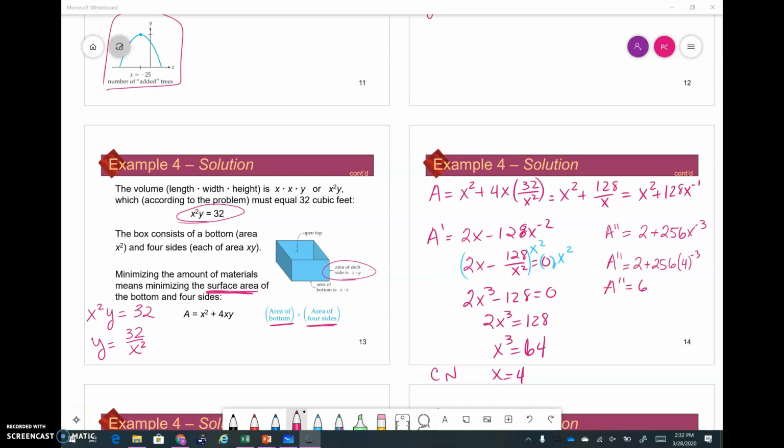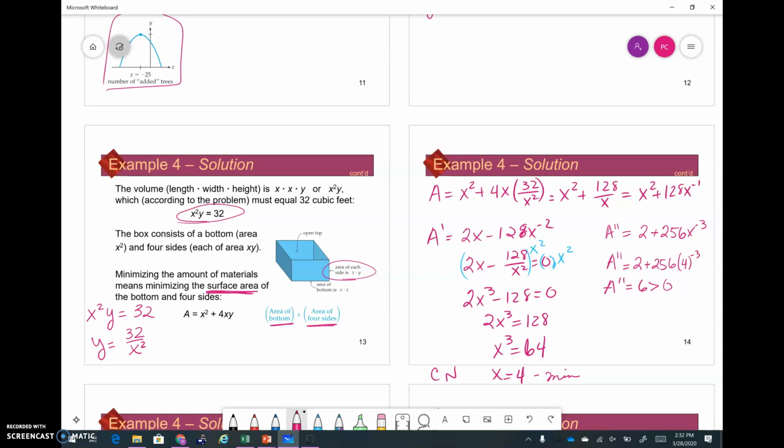Okay, sorry, I realized I had a typo. The second derivative should be 2 plus 256 x to the negative 3. When you plug in 4, you get that A double prime is 6, which is greater than 0, which tells us x equal to 4 is the minimum.